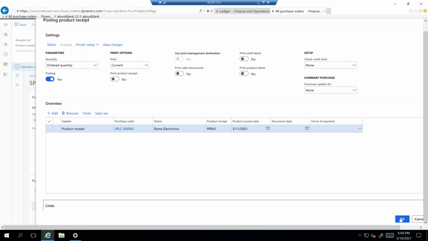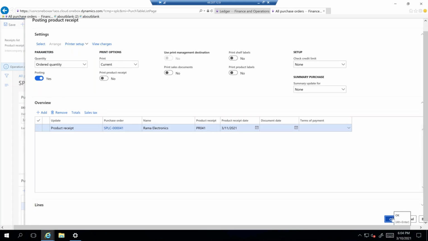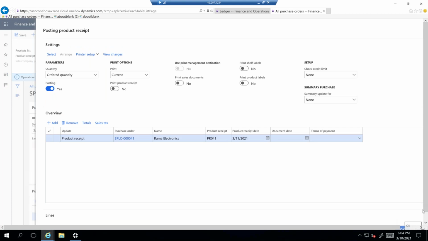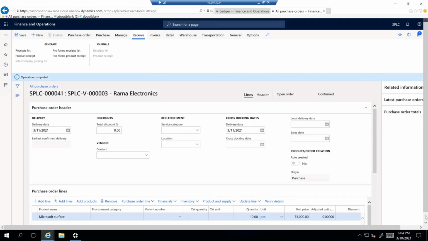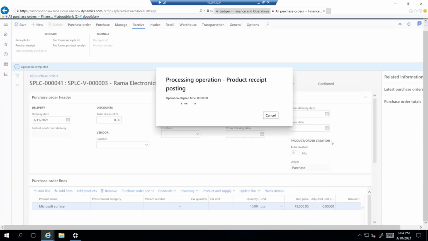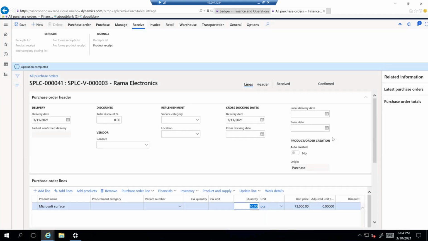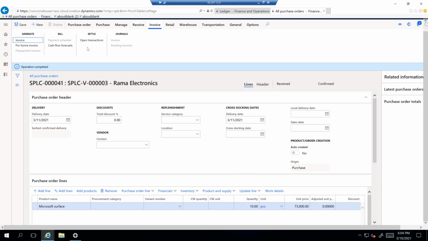Why is it telling this? I'm sorry, my click is not working properly. Fine, product receipt is updated. Now I'm doing the invoice. Generate invoice.